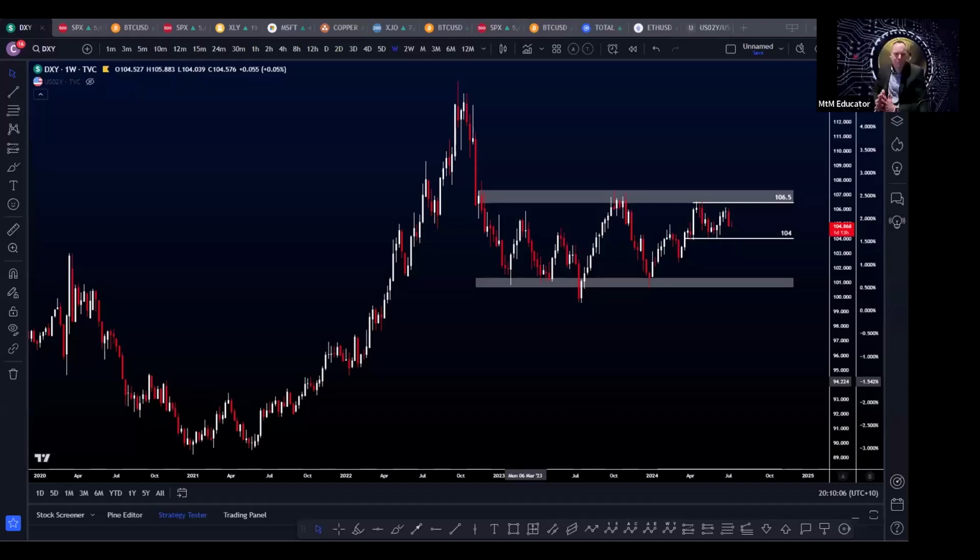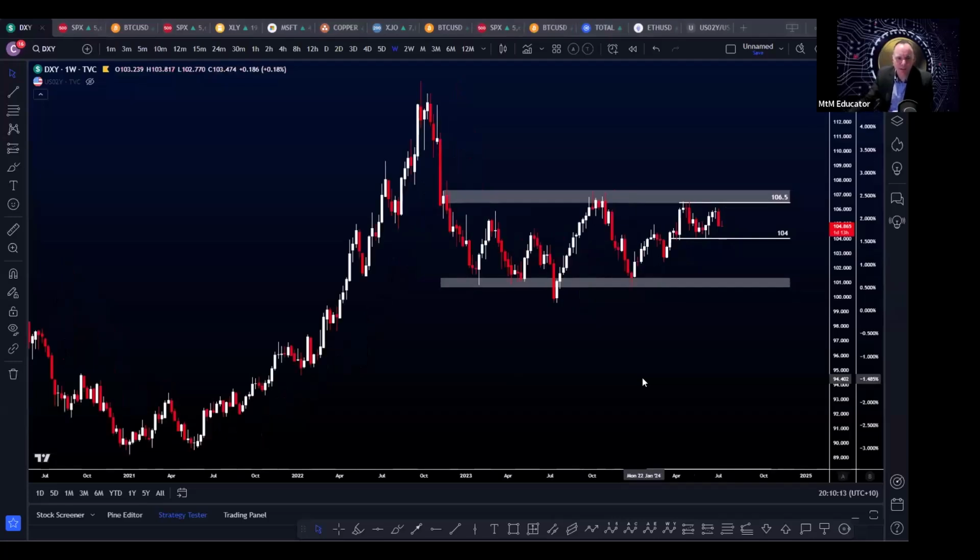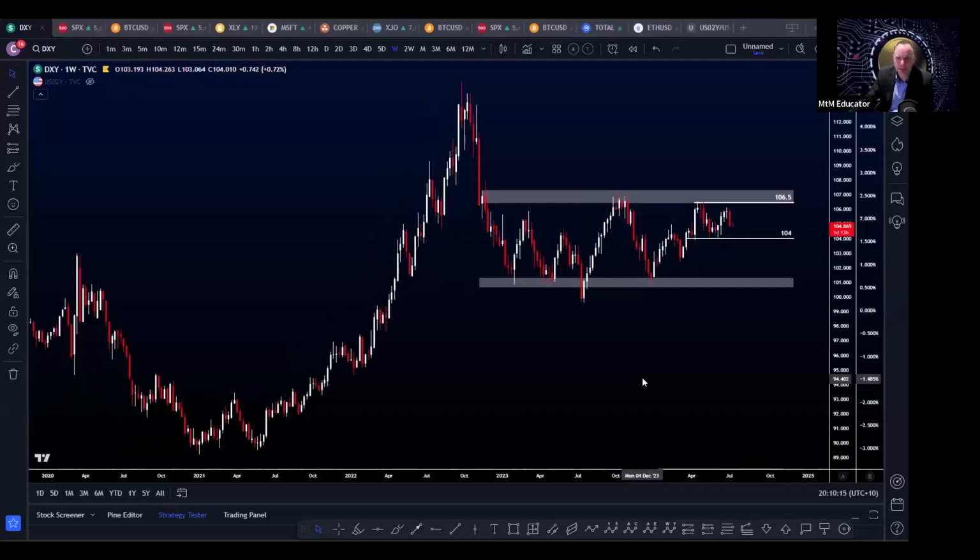All right, so what I've got in front of us here is the DXY. The DXY, for the people that don't know it, is the US dollar currency index. It measures the strength of the US dollar against six other global currencies.